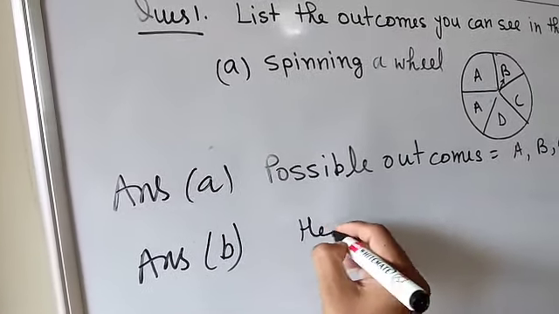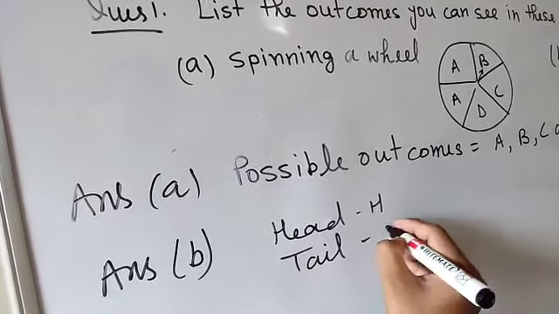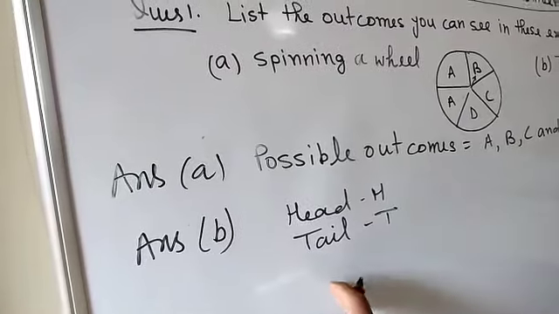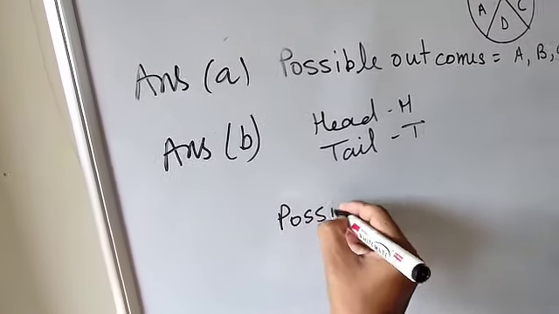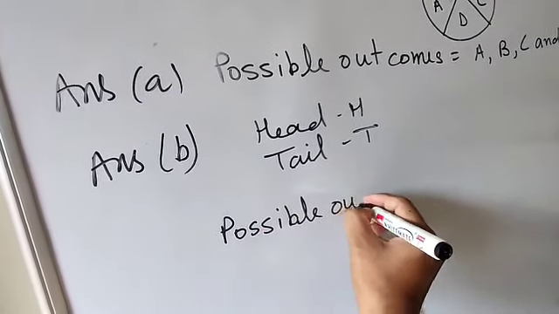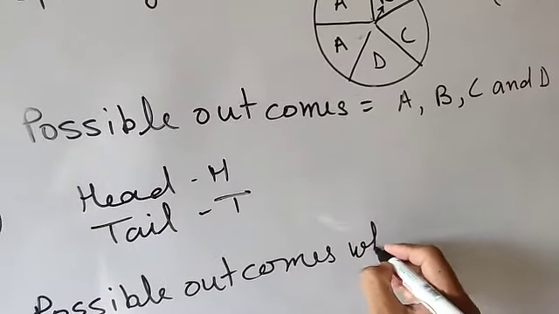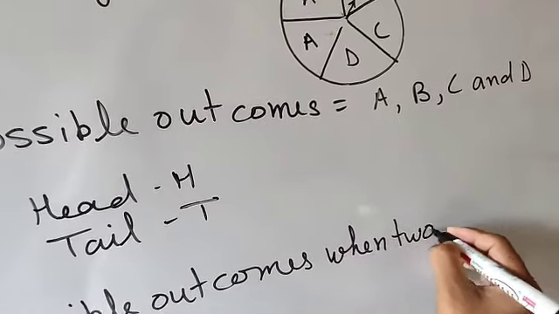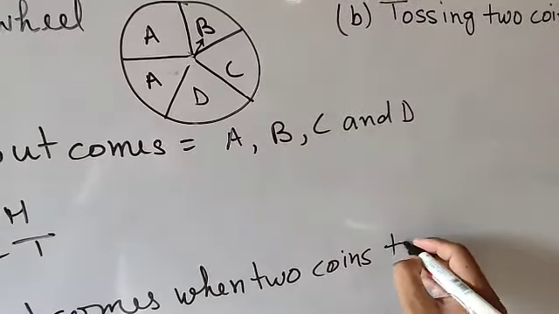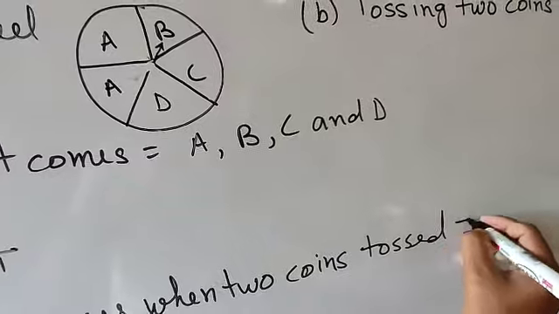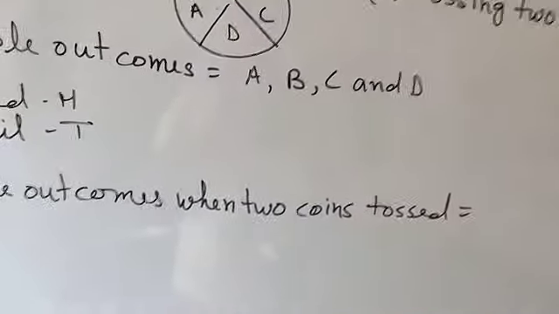If I indicate head by H and tail by T, then if you toss the 2 coins, the possible outcomes when 2 coins are tossed equal to 4 possible outcomes.